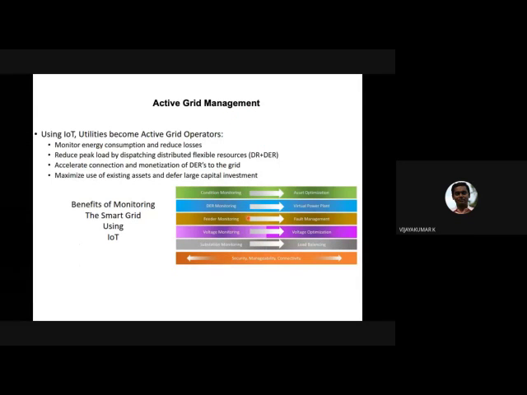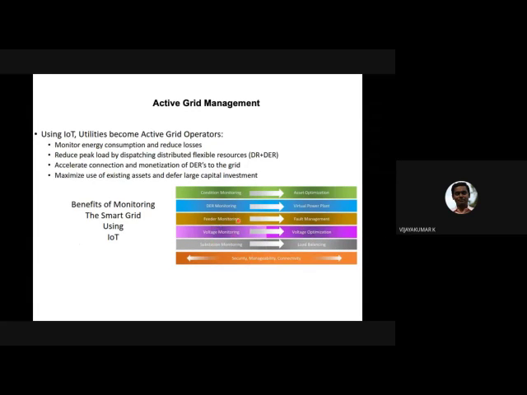Now, active grid management: by having this IoT, what are the benefits? Condition monitoring, by which you protect your equipment from hazards. Asset optimization, so that assets will not be damaged. And demand response management, where we make virtual power plants. For example, if your EVs are connected to the network, you can take all the batteries and make them one virtual power plant.